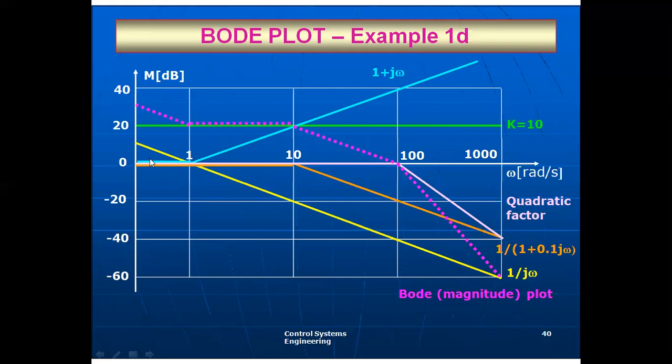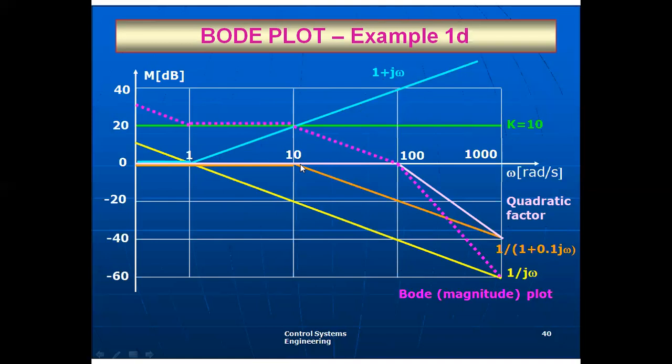Here you can see this 1 by j omega, the integral factor, starting at the origin. You can see it at some magnitude here, and it goes on in the same way. When it reaches the first corner frequency at 1, the next factor, that is 1 plus j omega, starts contributing 20 decibel per decade, up to this point.